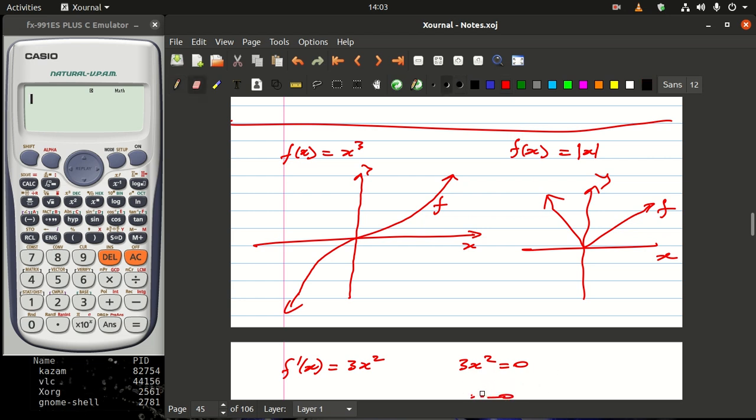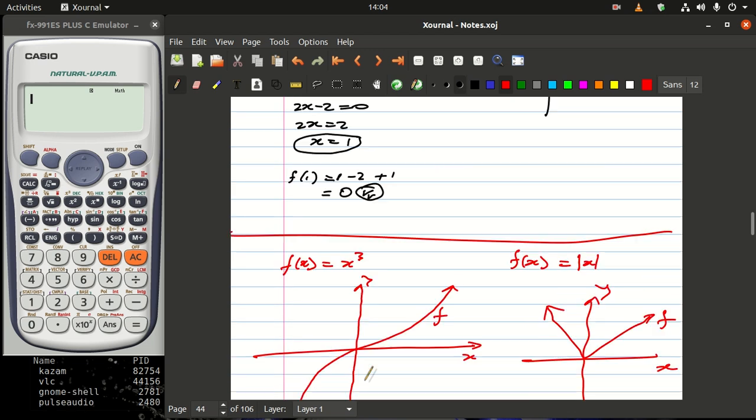So f prime of 0 is 0. I know that this function has a domain of x being an element of the real numbers. In other words, the derivative exists everywhere for this particular function. And if I plug 0 into this derivative, I get a 0.